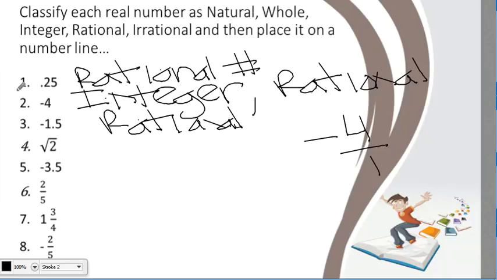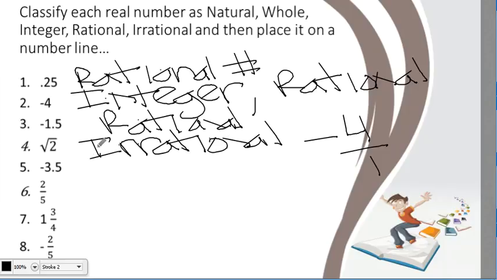It's not natural. It's not a whole number. It's not an integer. A square root of 2 is a non-repeating, never-ending decimal, so we can't write it as a fraction, which means it is an irrational number. Okay?